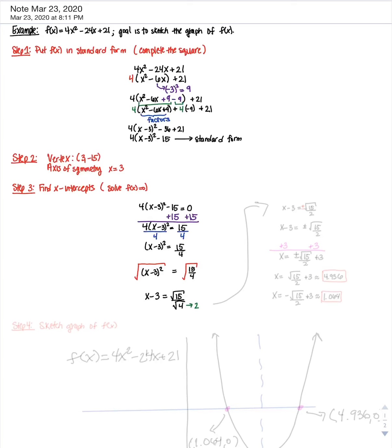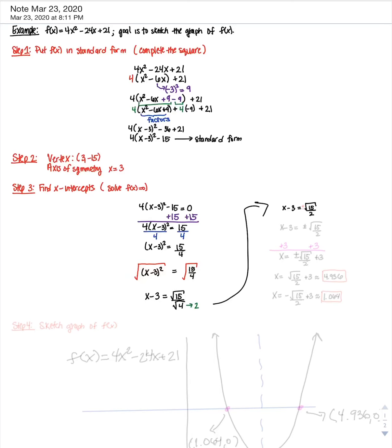So then now we have x minus 3 is equal to the square root of 15 over 2.